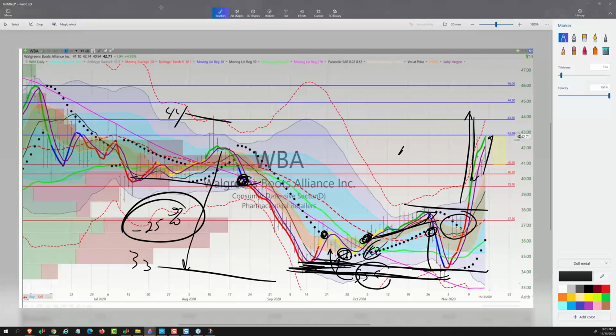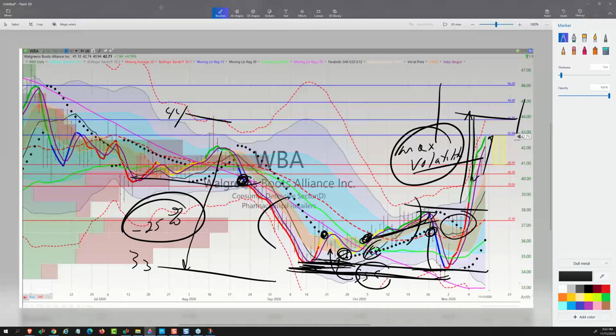So you're getting a look at max volatility here. Max volatility in Walgreens. Whereas the size of the volatility in this period was pretty small. The daily ranges were small. These daily ranges are large.